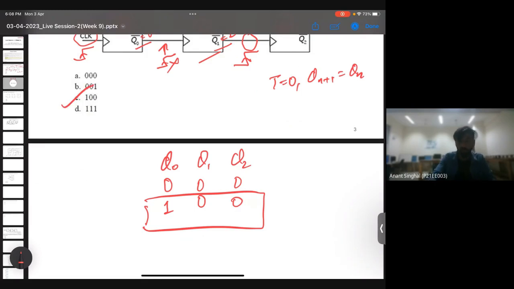Is it clear? Let me check. Okay, you are saying it 1 1 1. Is it clear now? Sujata, is it clear? Yeah, okay. Okay, we shall wait for 2 minutes.